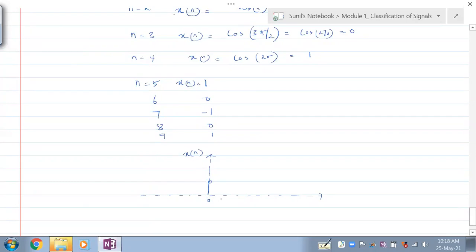At 1 you have 0. At 2 you have minus 1. At 3 you have 0. At 4 you have 1.